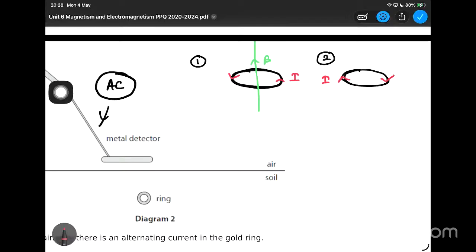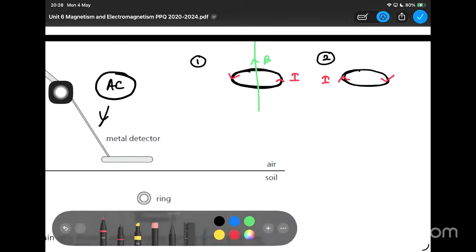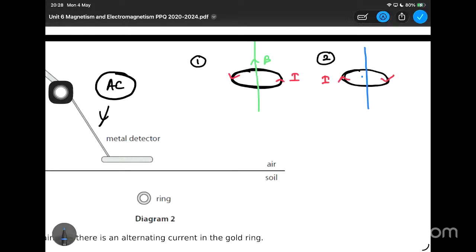If you apply the right-hand grip rule, now there will be a magnetic field generated in the opposite direction.